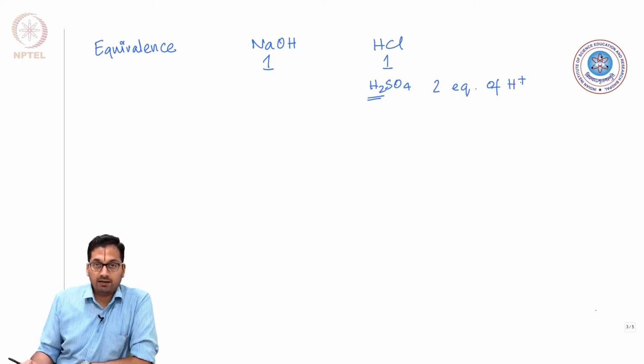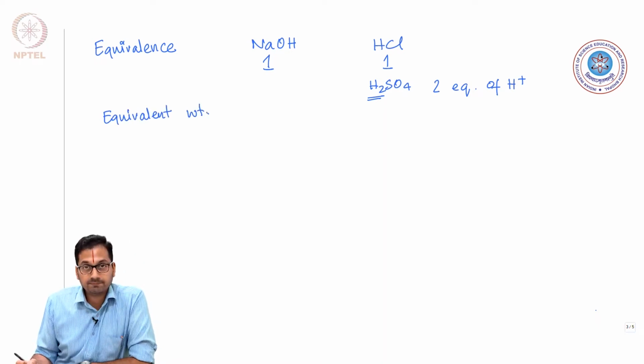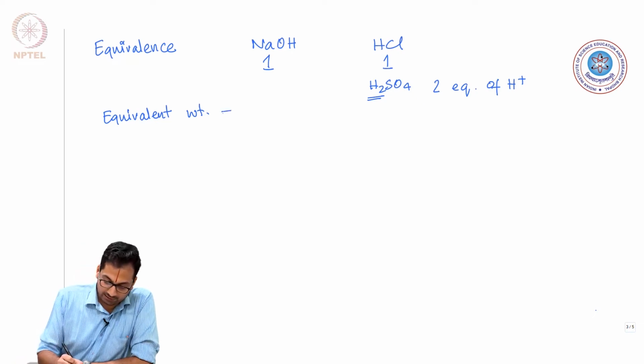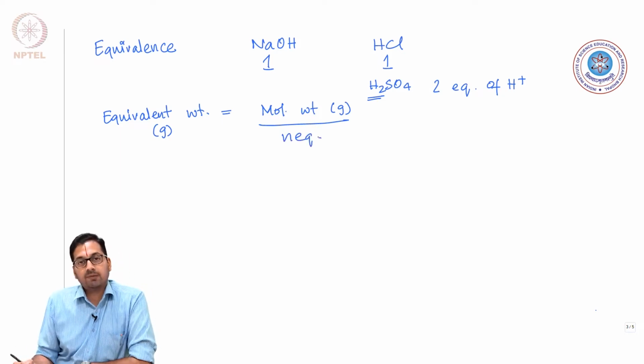So this is where the definition of equivalent weight comes into the picture. The equivalent weight is given by the molecular weight, of course in grams, divided by the number of equivalents.